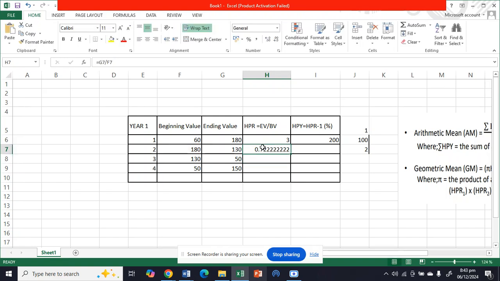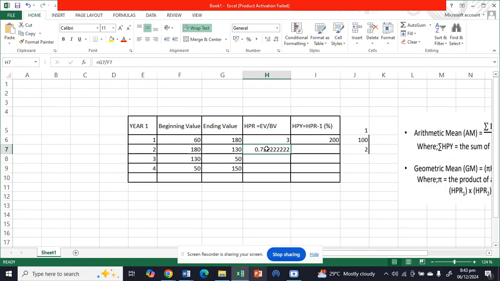For the HPR, if it's below 1, that represents a decrease. If your HPR is below 1, just know that that is a decrease.